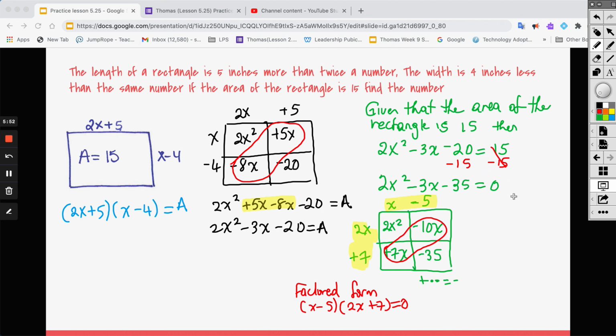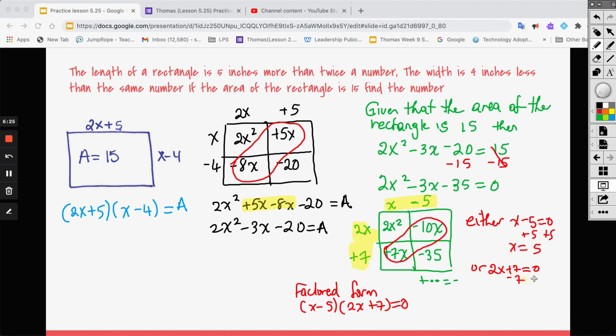So if that is the case, either x minus 5 is equal to 0, which means when we solve for x, we add 5 to both sides, x is equal to 5, or 2x plus 7 is equal to 0.